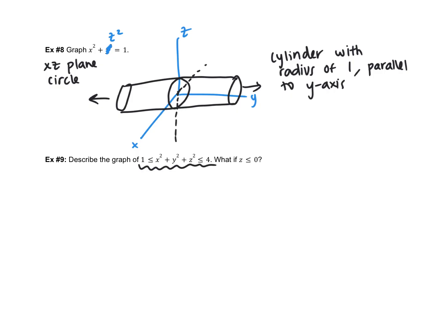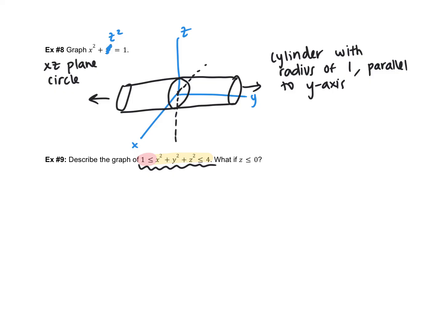So hopefully you notice right away that x squared plus y squared plus z squared represents a sphere. So if we start by looking here, we have a sphere of radius 2 that's filled in. But then as soon as we denote that part, that means we're taking the center out, the center where the radius is 1.